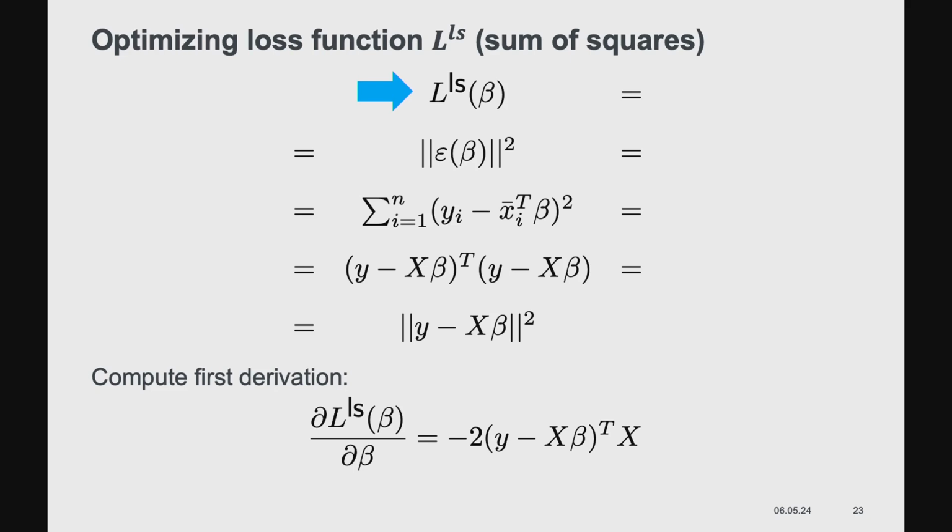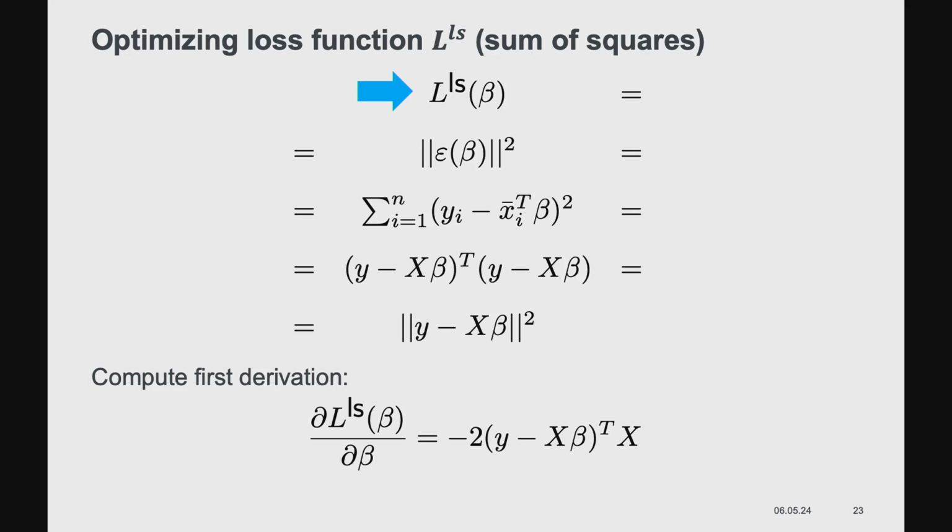So directly I can write y minus the matrix x, which has all these rows, and the beta is always the same. And to get the square, I take this component and multiply it with itself. So this is just a rewriting. And this is nothing else than y minus x beta squared. So this is just a different notation for the same thing.